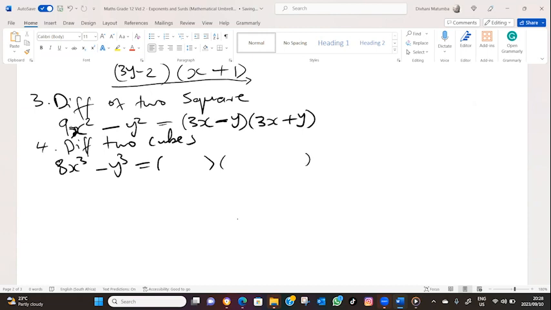In the smaller brackets, you must get the cube root of the first expression, which is 2x. Because it is the difference, on the smaller brackets, we will have a minus. Always, if it's a minus, the bigger one should be a plus if we're dealing with cubes. So the cube root of y will be y, all right?